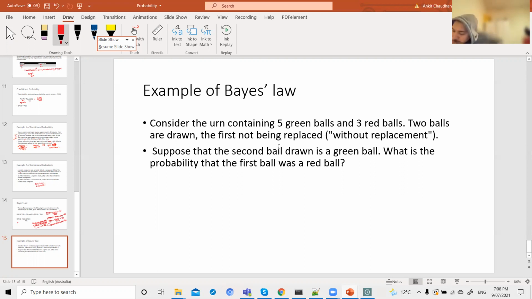Consider, suppose the second ball drawn is a green ball.